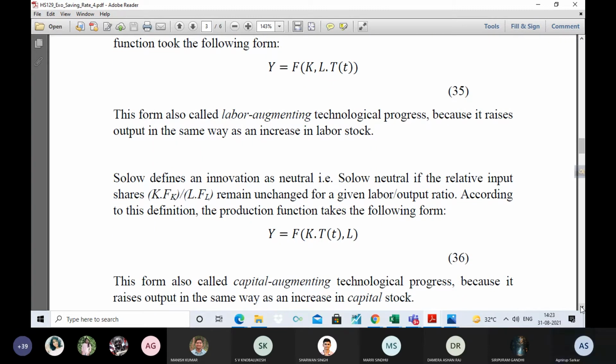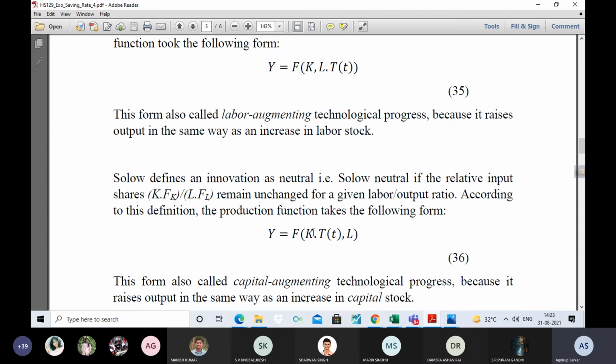So this is the thing. Solow neutral technology, as put forward by Robert Solow, means that an innovation is neutral if the relative input shares L F_L by K F_K remain unchanged for a given labor output ratio. This particular definition can be shown to imply a production function of the following form.